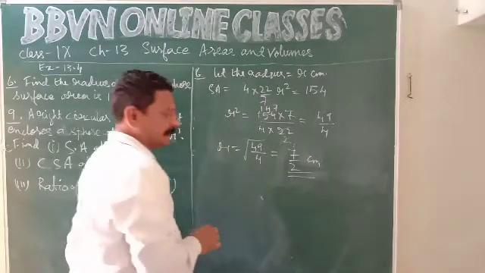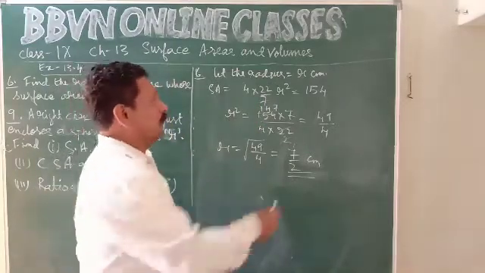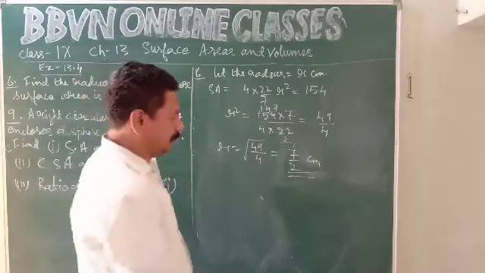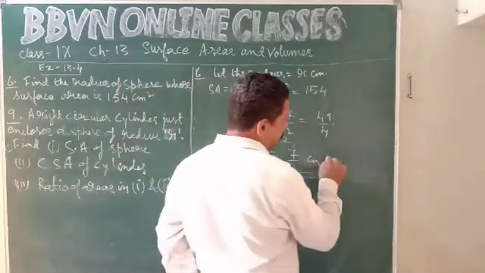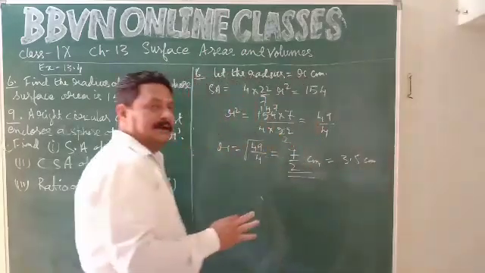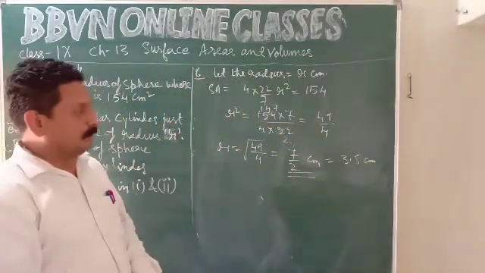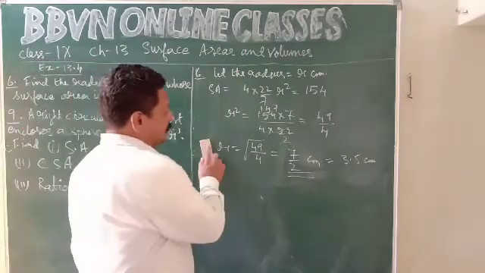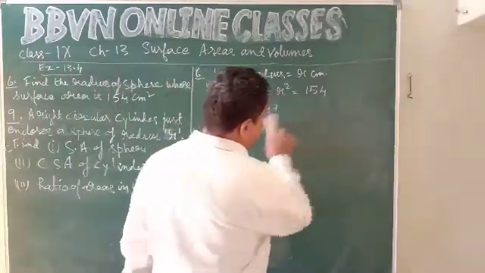This will be the radius of the sphere whose surface area is given as 154 centimeters square. You can write it as 7 upon 2 centimeters or you can write it as 3.5 centimeter, whatever you find suitable or whatever the question says. Right, children? So this was the solution of question number 6.